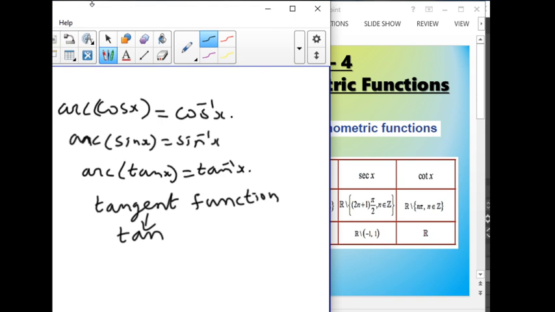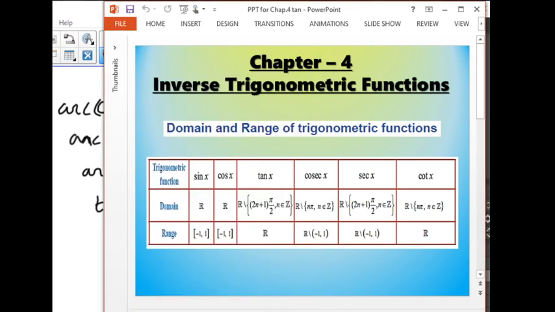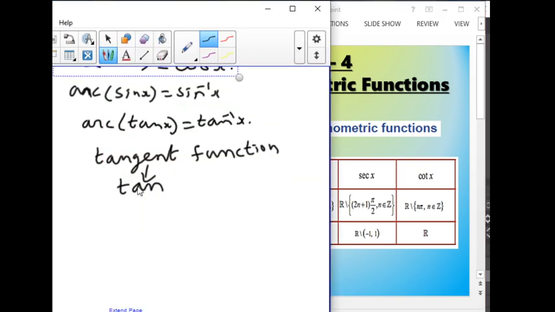First we will see the domain. Consider y is equal to tan x. Tan x is nothing but sin x by cos x.